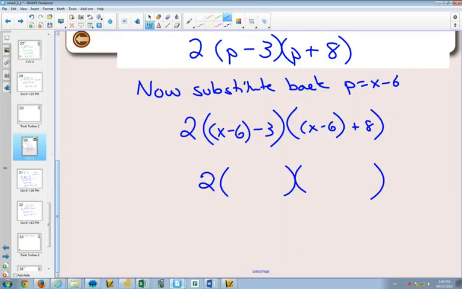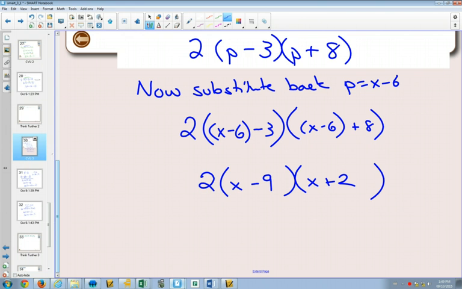Now X minus 6 minus 3 is X minus 9. And X minus 6 plus 8 is X plus 2. This is the shorter way of going about this.